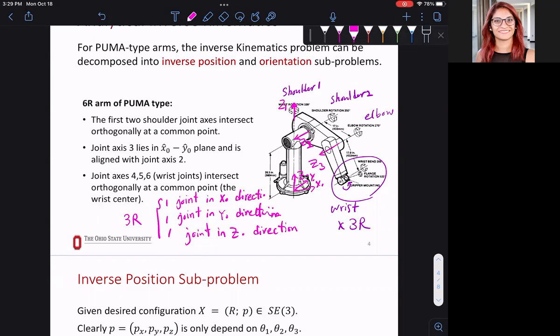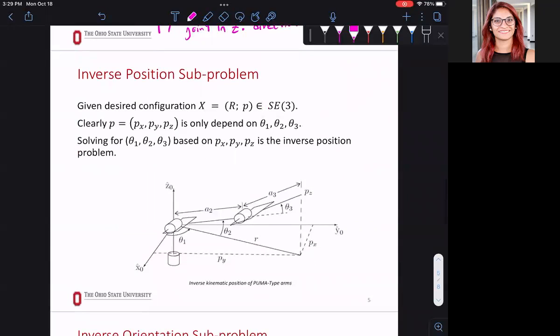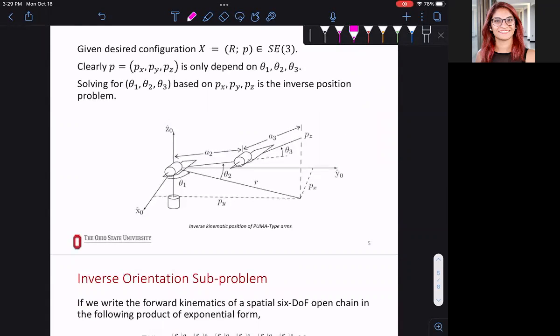Now we're going to deal with the position problem first, because it only involves 3 joints: 1, 2, and 3. Your robot will reduce to something like this: a base, shoulder 1, shoulder 2, and then your elbow. What are our joint variables? Theta 1, theta 2, theta 3. The best is to find theta 1 first, because we have px and py, we can find theta 1 from that. Once we have done that, then you will find theta 2 and theta 3. They are in the same plane.